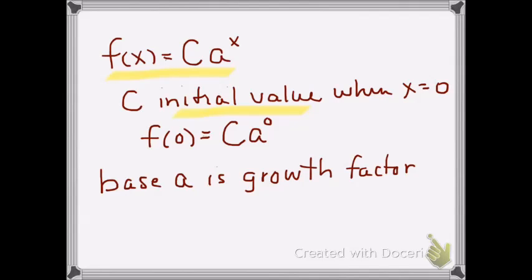And of course a to the 0 is equal to 1, so we end up with our initial value being equal to c. The base a is called the growth factor, okay?